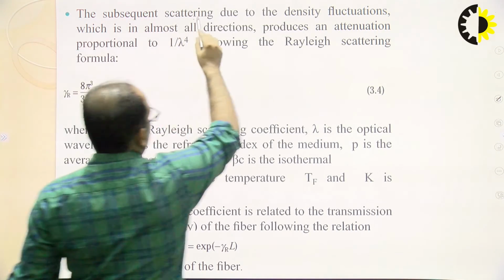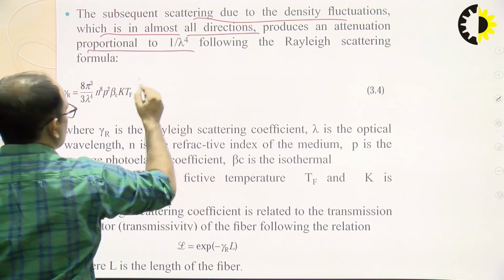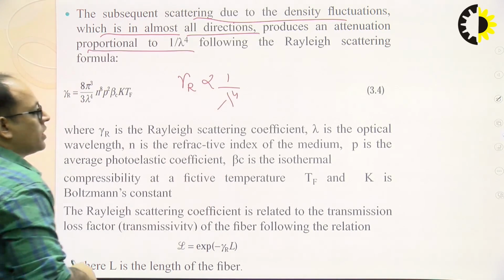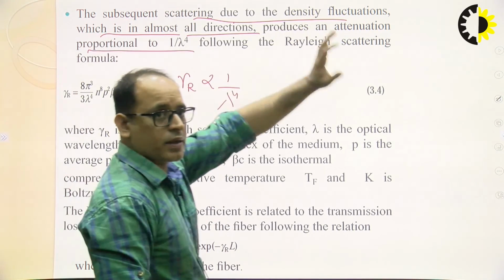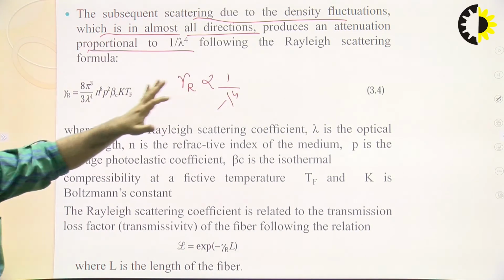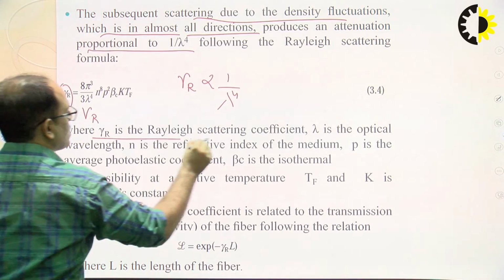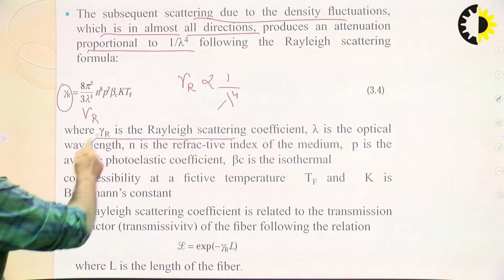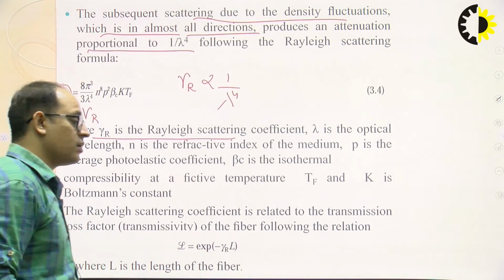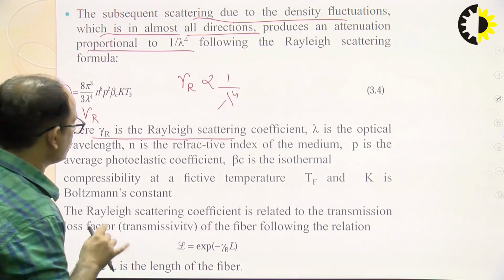So this scattering due to the density fluctuation, which is in almost all directions, produces an attenuation inversely proportional to 1 by lambda to the power 4, and this Rayleigh scattering can be measured by its coefficient, gamma r, the Rayleigh scattering coefficient, which is inversely proportional to lambda to the power 4. If I increase the lambda, the magnitude of the Rayleigh scattering coefficient decreases.